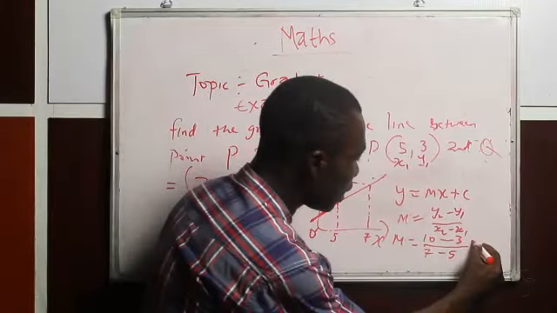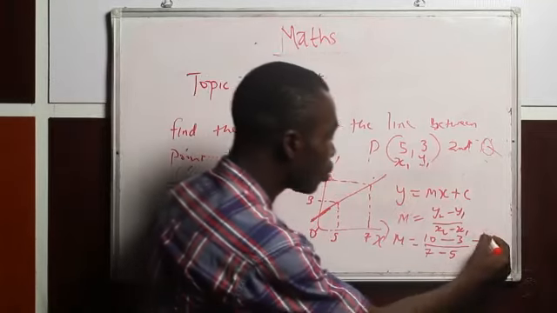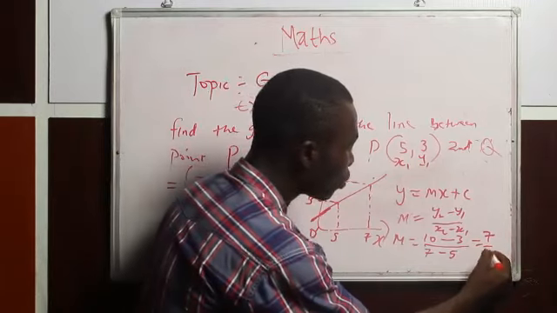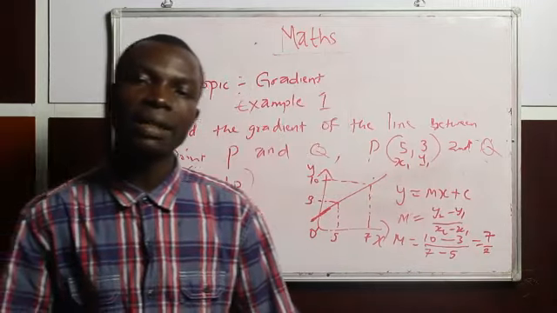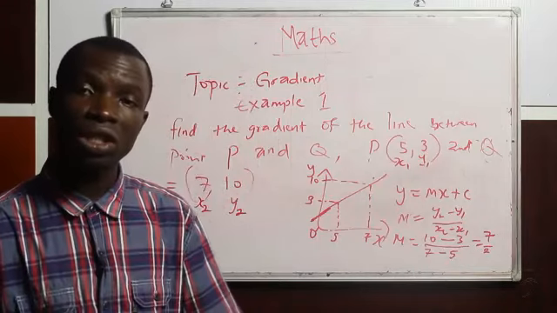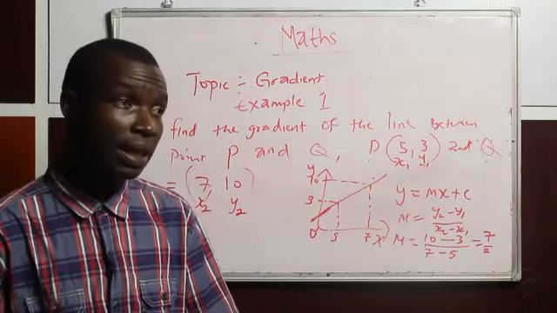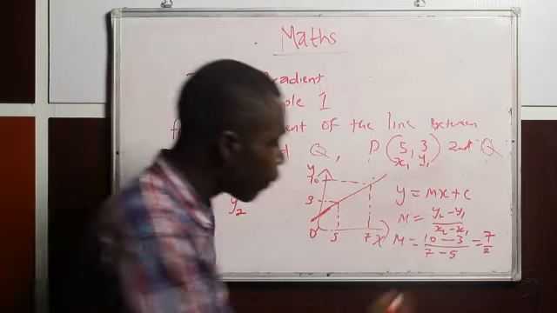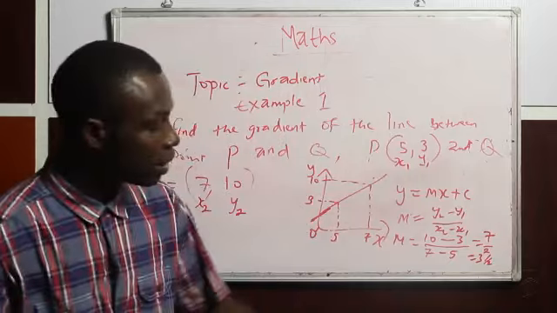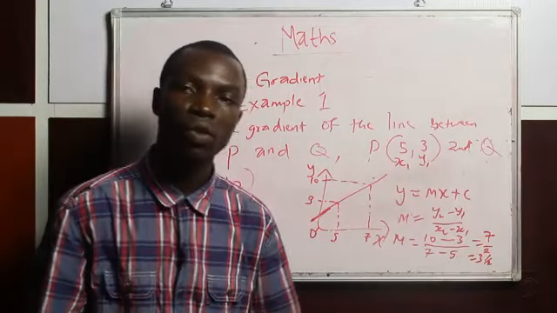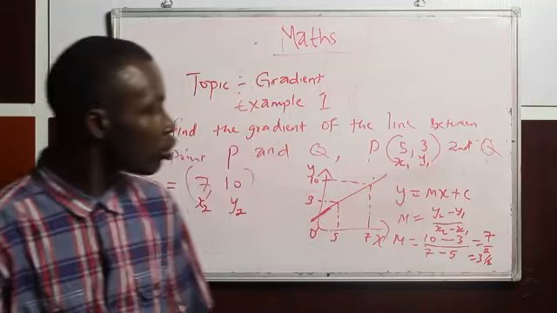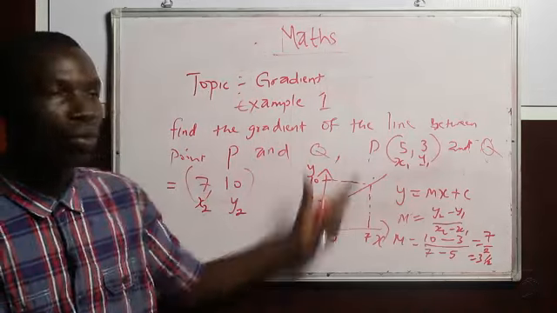The answer is 10 minus 3, which gives us 7, and 7 minus 5, which gives us 2. The gradient of the line is 7 over 2. We can proceed because this is convertible to a mixed fraction. This is an improper fraction. Therefore, the gradient is equal to 3.5. That is 3 times 2, 6 plus 1, 7 over 2. That is our gradient. That's how to find the gradient between 2 points, P and Q, on a straight line.